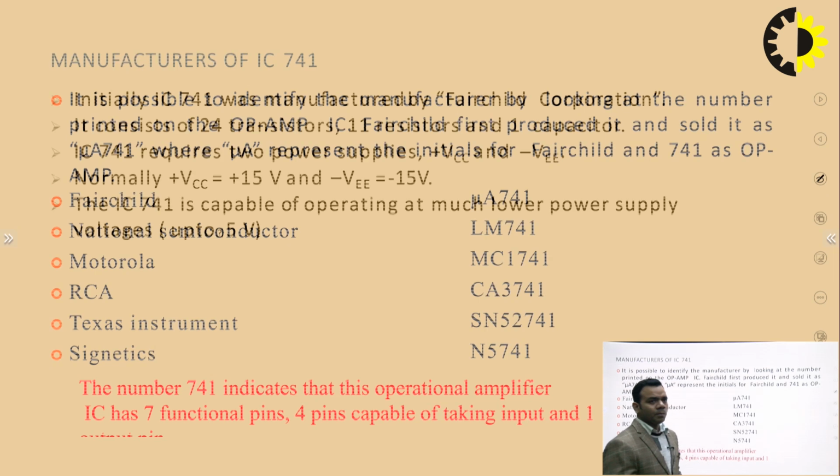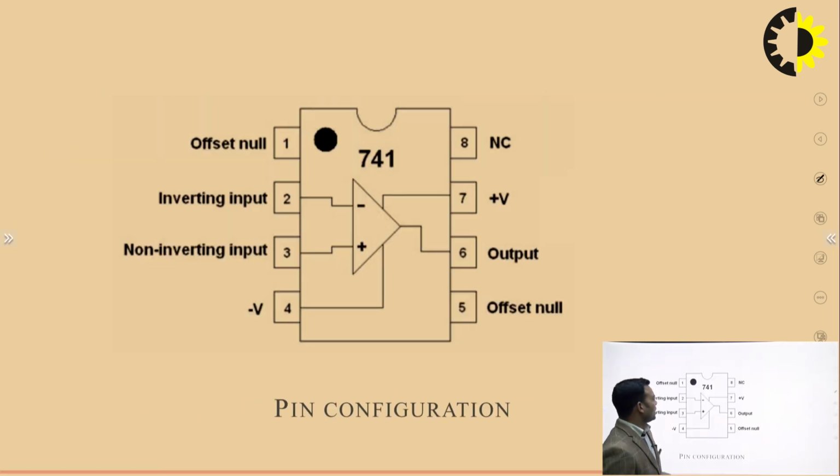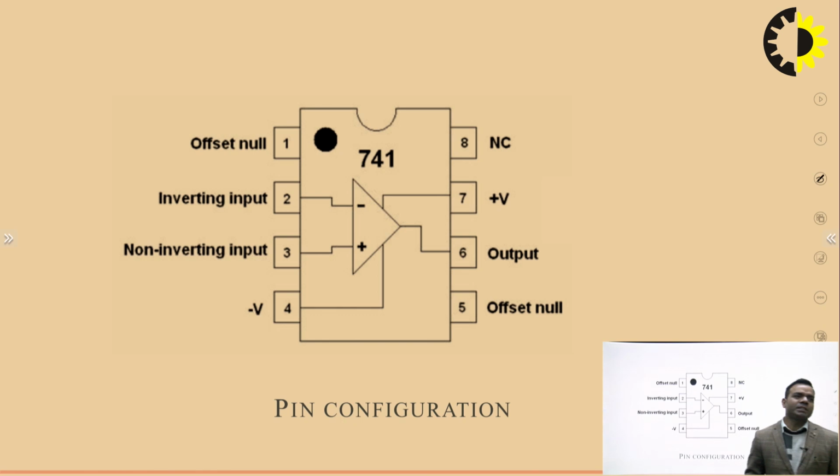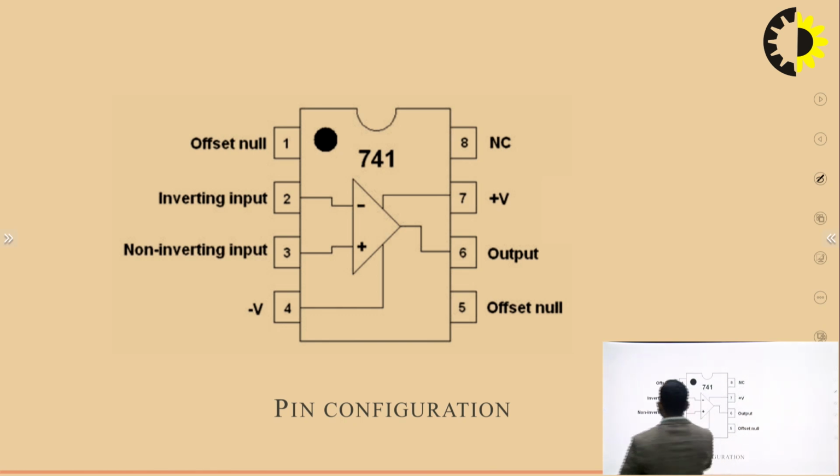But the most famous IC is this IC 741. This is an 8-pin IC. You can see the first pin is the offset null, the second pin is the inverting input, the third one is the non-inverting input. The fourth pin is used to supply the minus VCC, that means negative supply voltage.